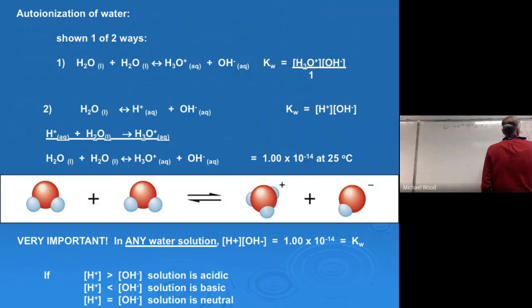So again, if you wanted to write that down on the formula sheet, you can. If the H plus is bigger than the OH, it would be acidic. If the OH is greater than the H plus, it would be basic. If they're equal, it would be neutral.